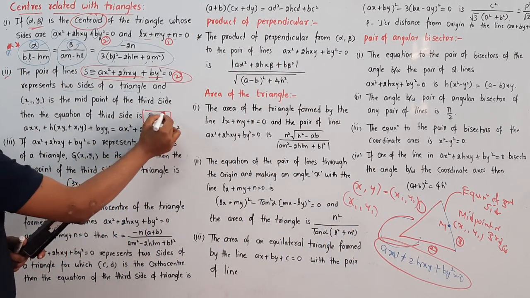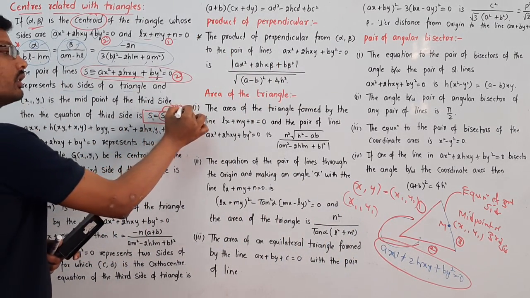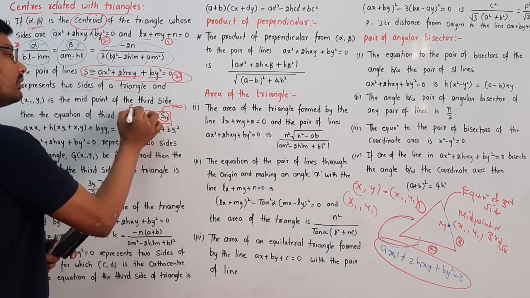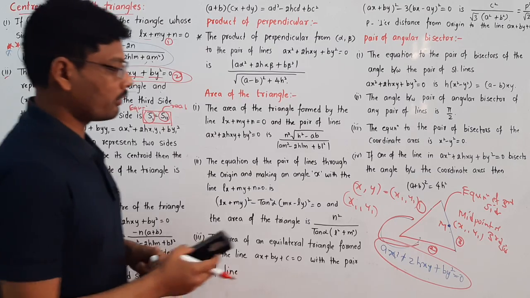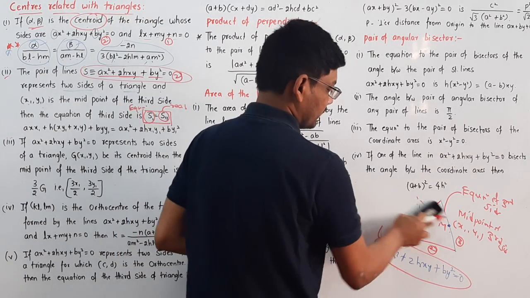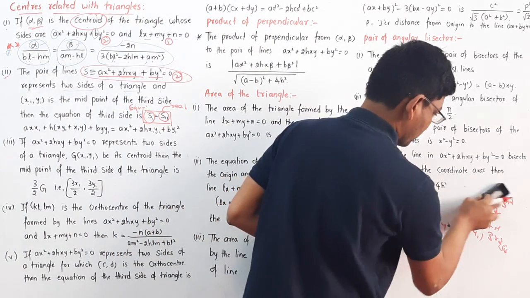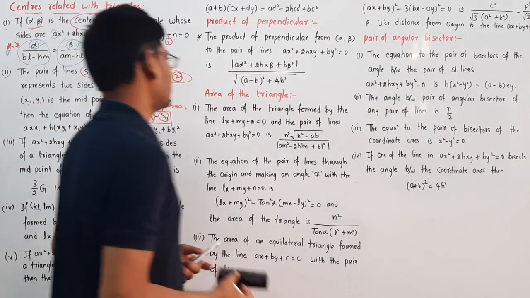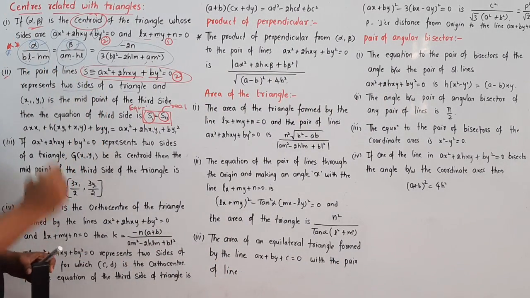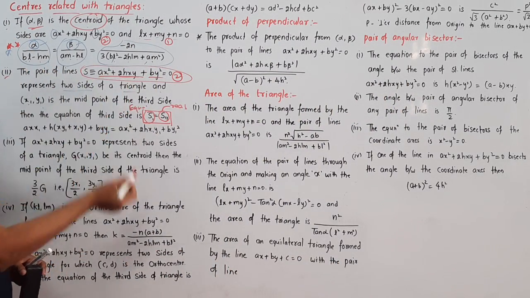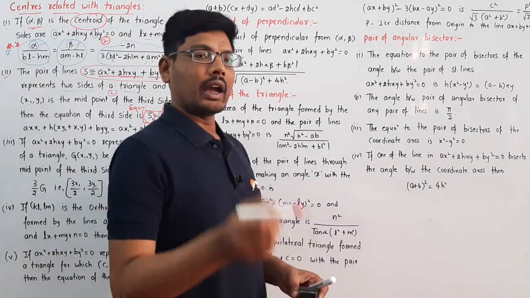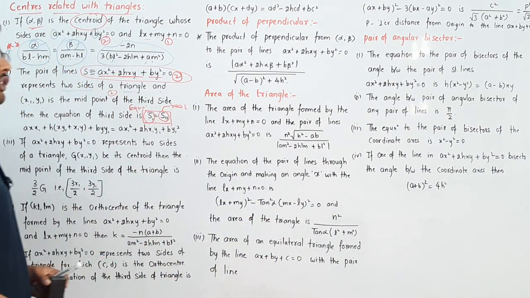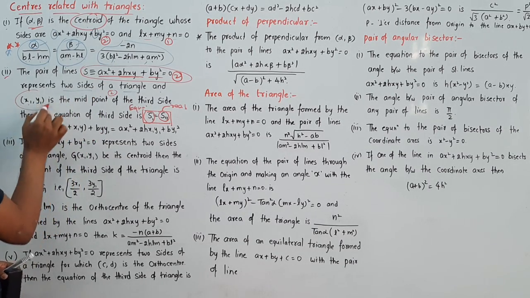You will get a real value and an equation. I will explain clearly when it comes to problems, so no need to worry about this. This is the expression you need when a pair of straight lines is given, a straight line intersects the pair of straight lines, and the midpoint of the third side, x1 comma y1, is given.